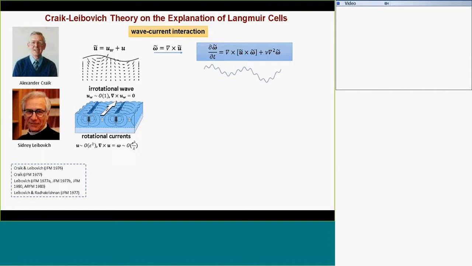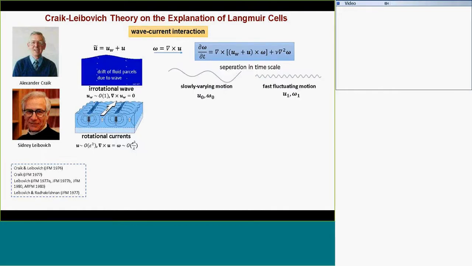So the flow can be decomposed into the motions associated with the water waves and the remaining turbulent flows. Based on the time scale, their theory says to decompose these fluid motions according to different time scales, to consider those rapid motions and those slow motions, and then consider them separately, though of course they have certain interactions.